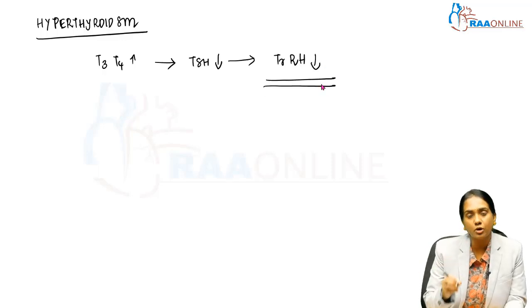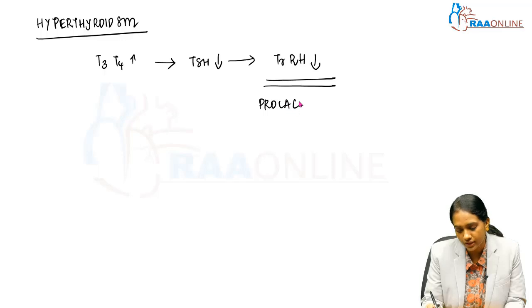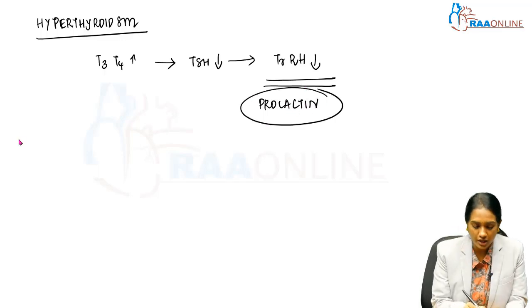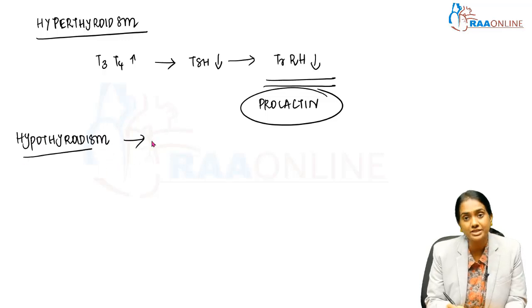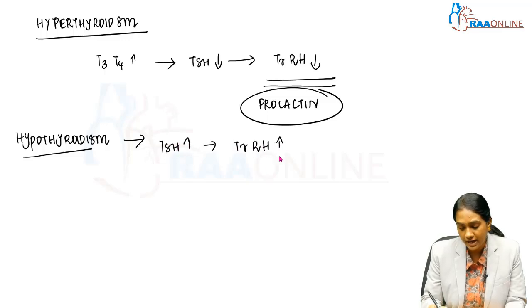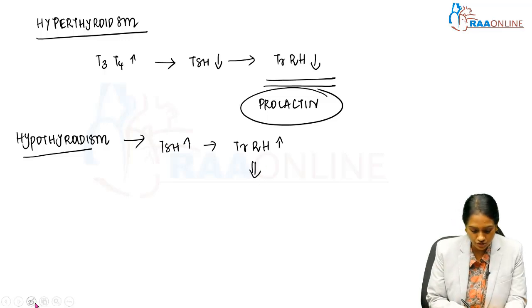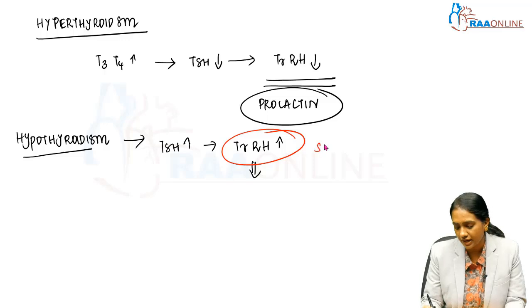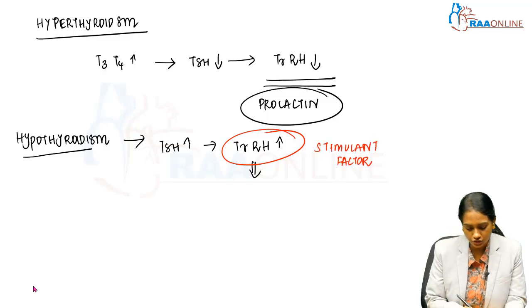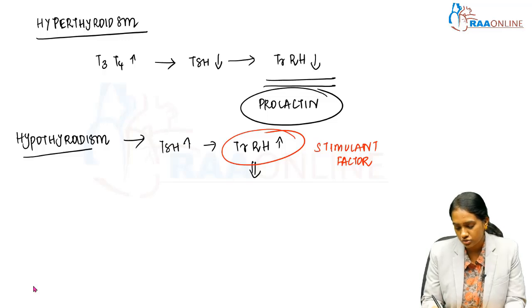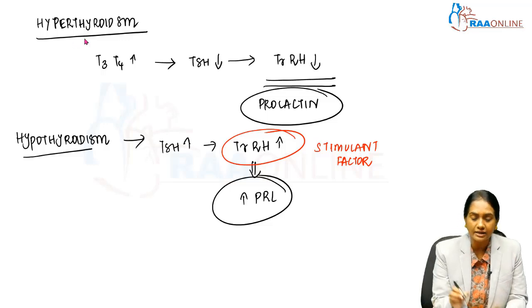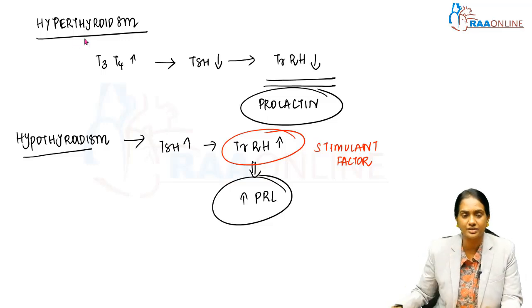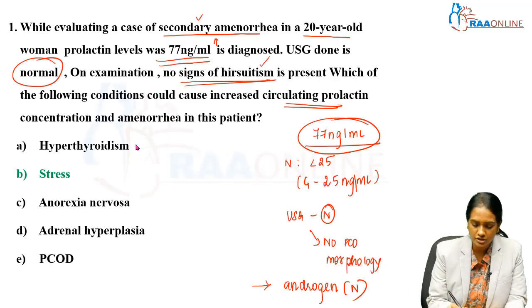So in hyperthyroidism, the prolactin level is going to be low, not high. In hypothyroidism, the hormone levels are low, so the TSH will be high and the thyroid releasing hormone will also be high, acting as a stimulant for the production of prolactin. So only in hypothyroidism do you have increased prolactin levels, not in hyperthyroidism. This effectively rules out the first option.